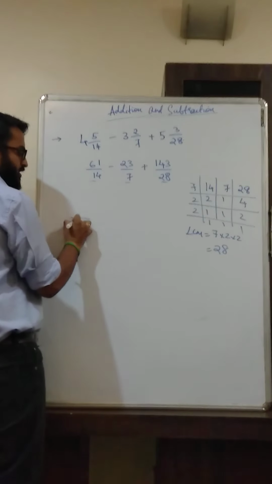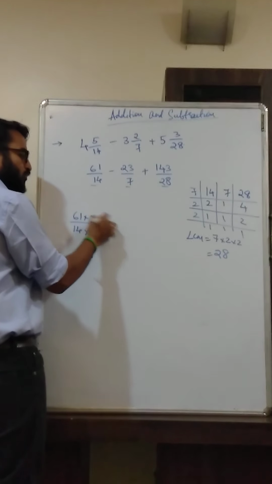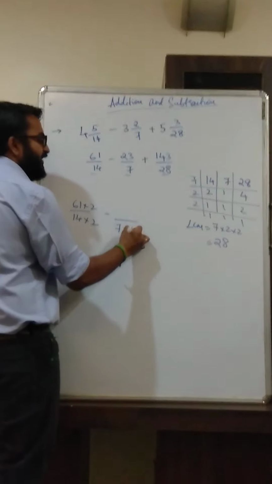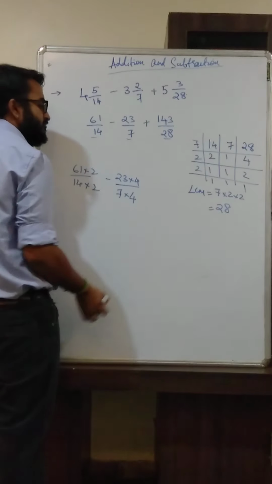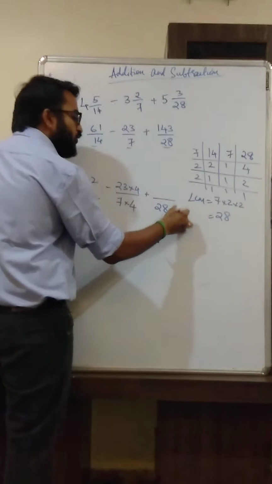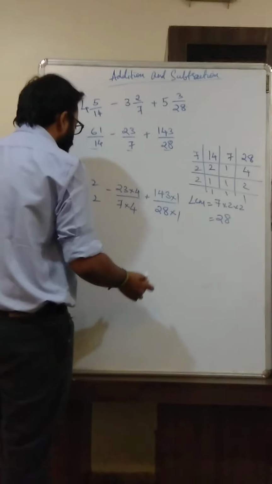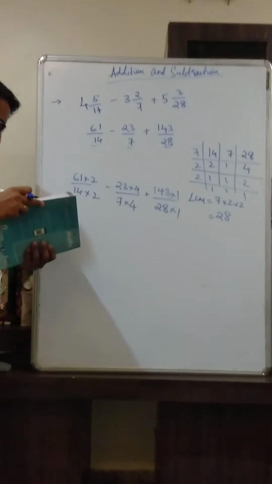Now 14 into 2, 61 into 2 minus 7 into 4, 23 into 4 plus 28 into 1, 143 into 1.